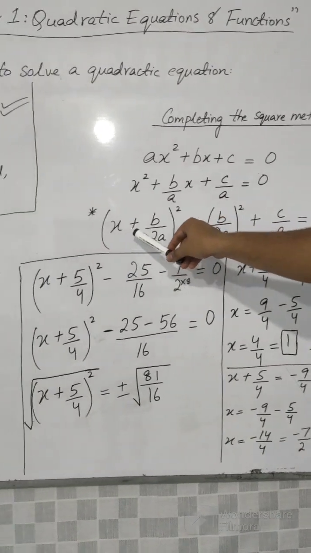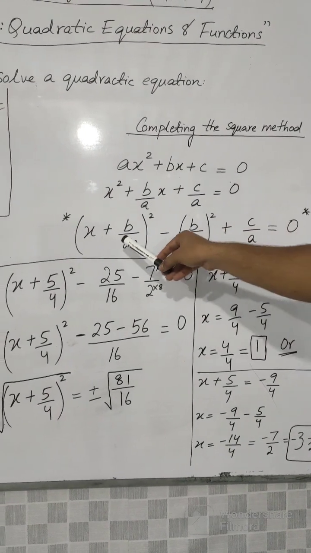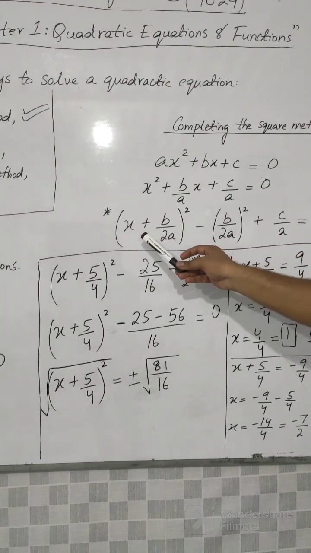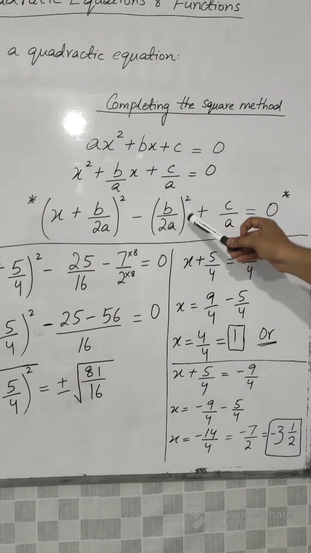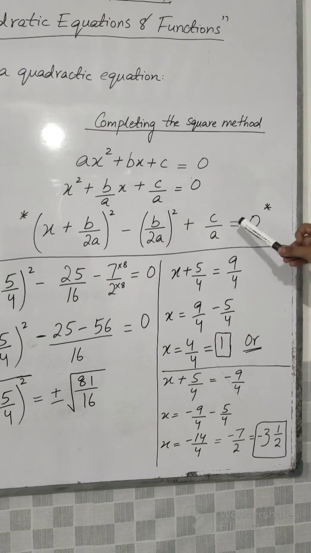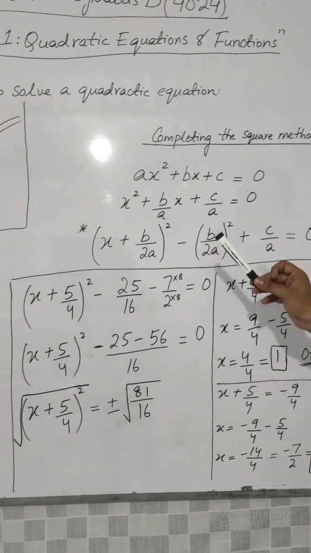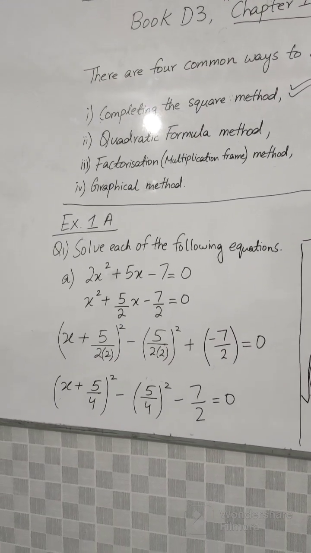This is the final rule which you have to apply when using the completing the square method. Remember this: (x + b/2a)² − (b/2a)² + c/a = 0. This is the formula we will be using to solve question 1 of exercise 1A.